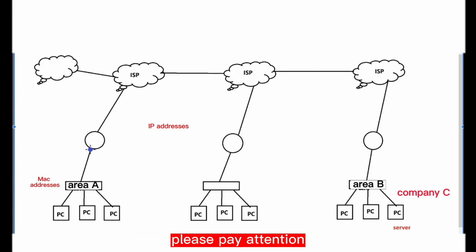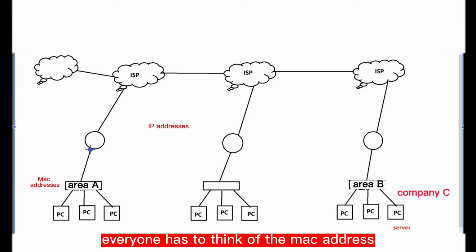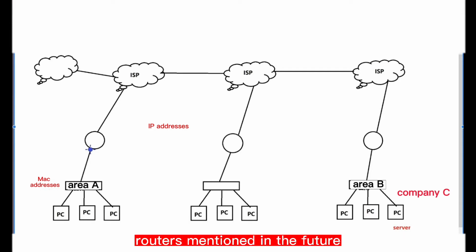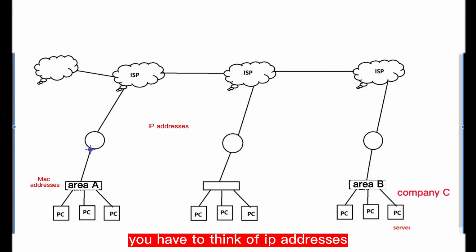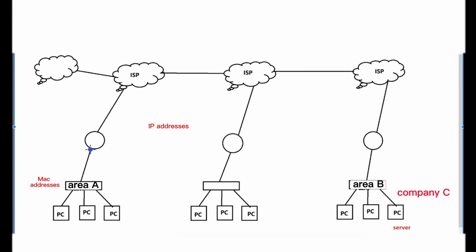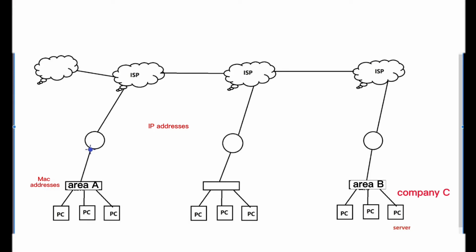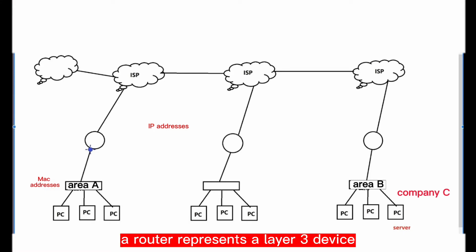Please pay attention. When we refer to switches, everyone has to think of the MAC address. When we mention routers, you have to think of IP addresses, which we'll talk about later. What do they actually represent? A router represents a layer 3 device, and on layer 3 we have an important parameter called IP.